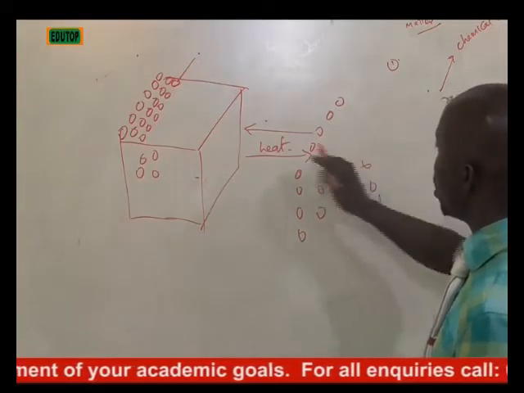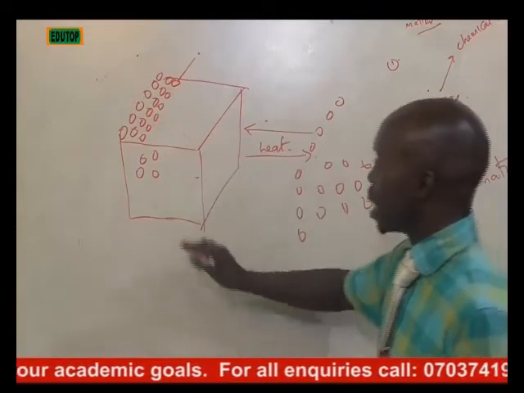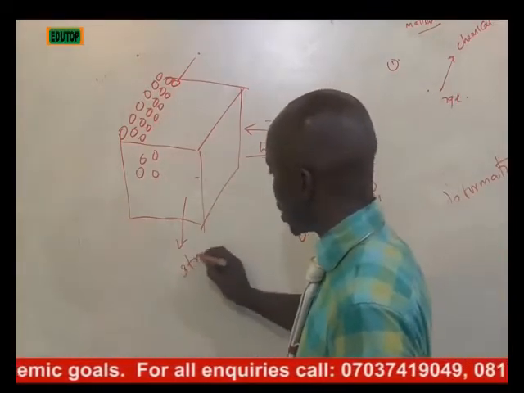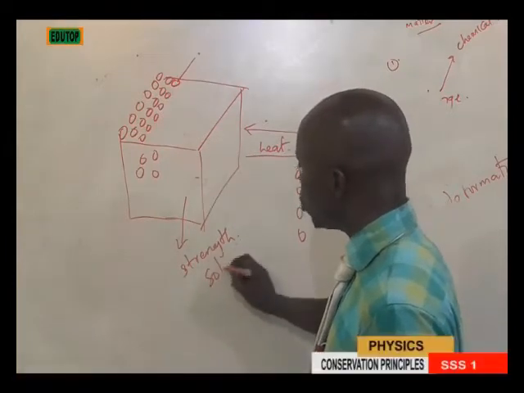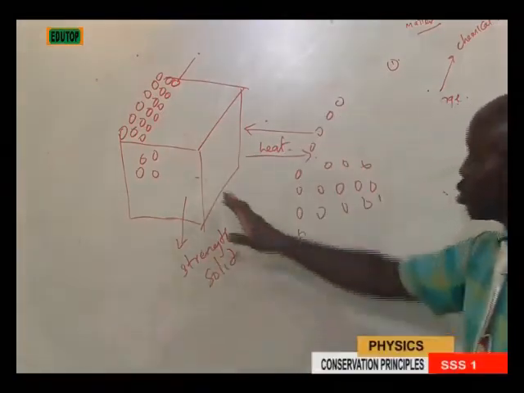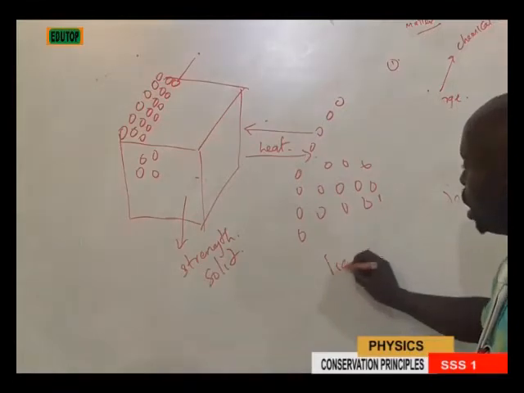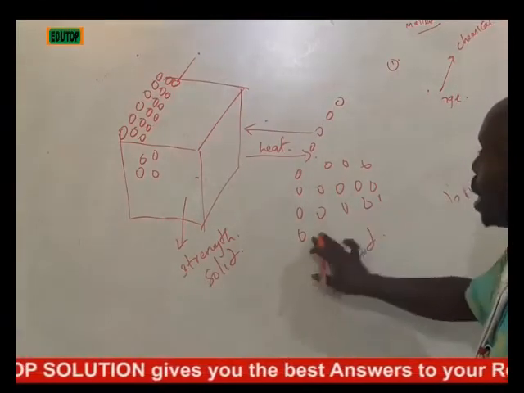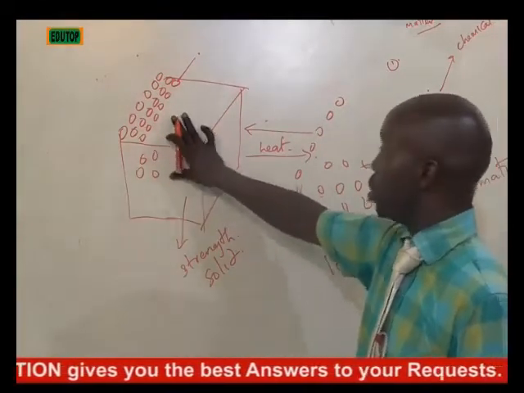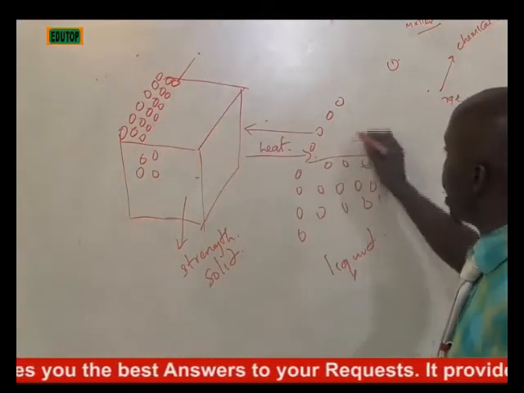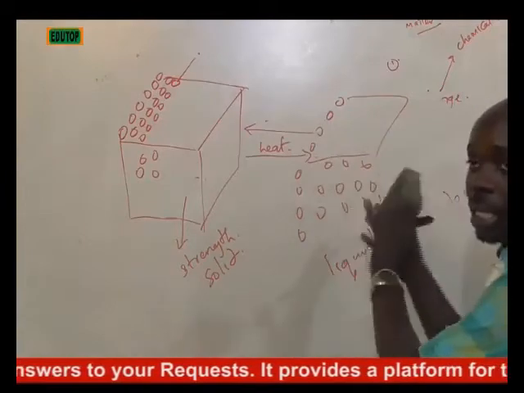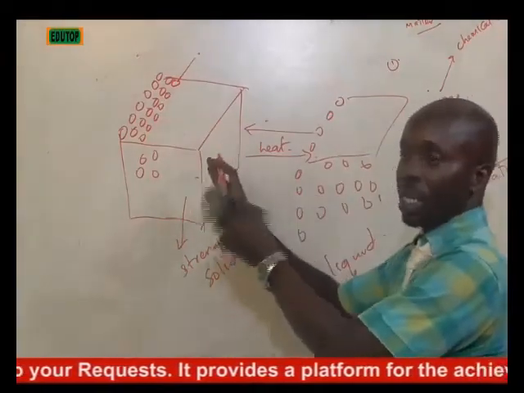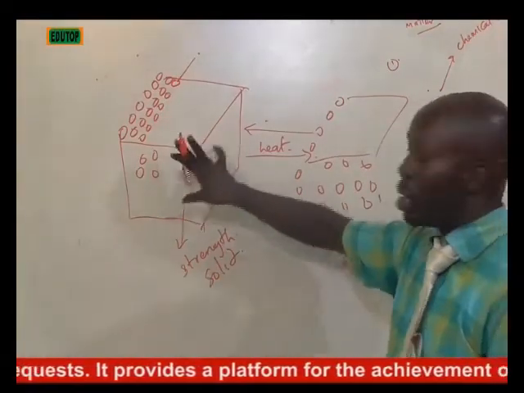So from there you start to realize that the strength or structure of this particular body, which is solid, will start changing. That structure can change from solid to liquid. At the point where the arrangement of atoms or molecules becomes liquid, initially they had fixed and strong intermolecular forces holding them.